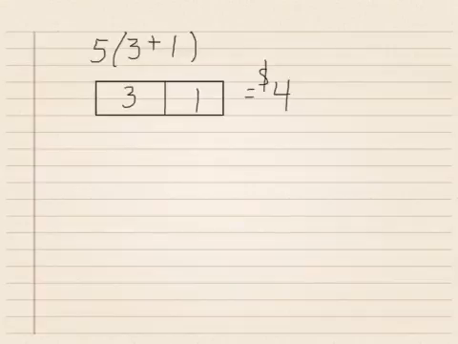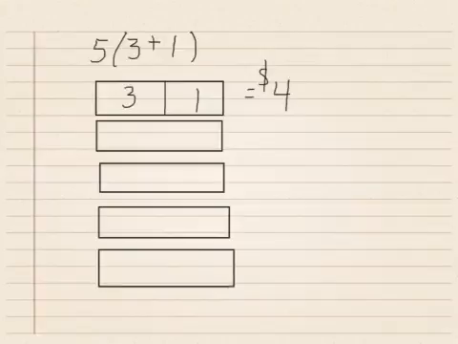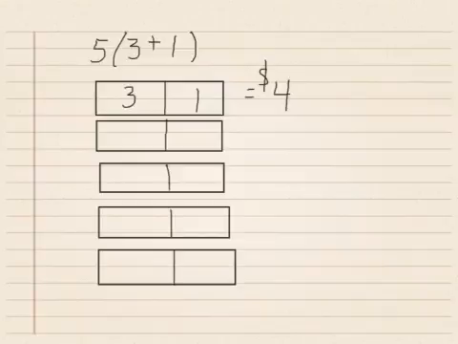But now we can look and see that if each person spent this same amount, we would need a total of 5 groups. And in each group is going to be the same thing. We can use the bar diagram to visually see that this second person will spend $3 on the ticket and $1 on a candy bar.